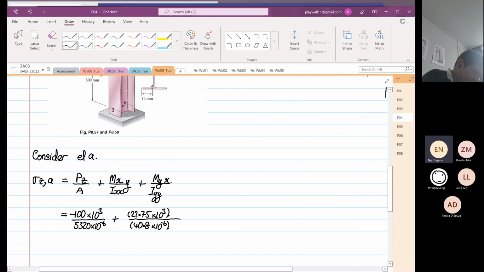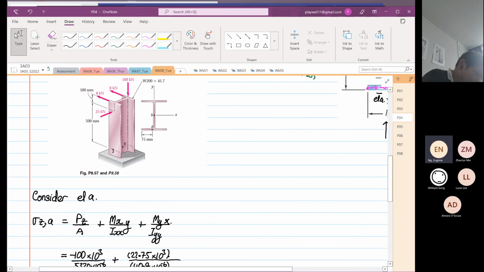Now, the next part is where students or even engineers will make mistakes. What is the y direction? Okay, so if we look at our transformation, this is our x, and over here this is our y. So the y distance is relative to this y vector or transformation over there.